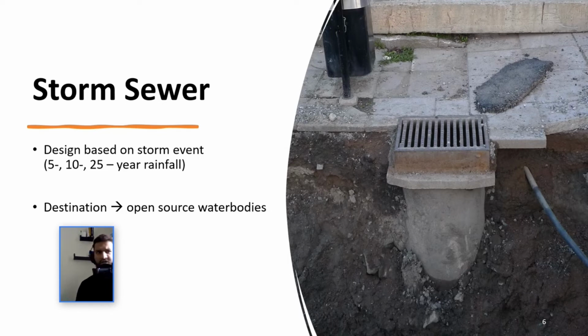In some places, it is based on 5-year rainfall, 10-year rainfall, or 25-year rainfall. Because they're supposed to carry the storm water when we have rainfall and runoff, that runoff is considered clean water. Debatable, but it is considered clean water.